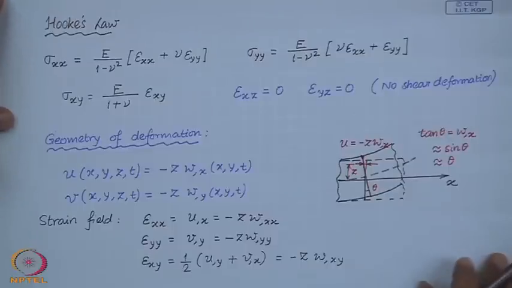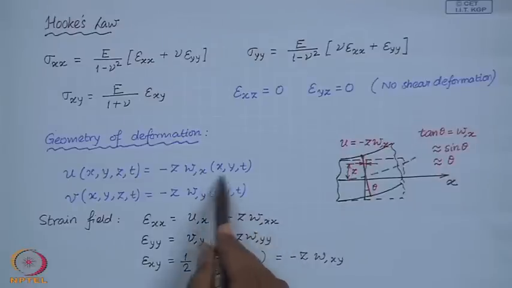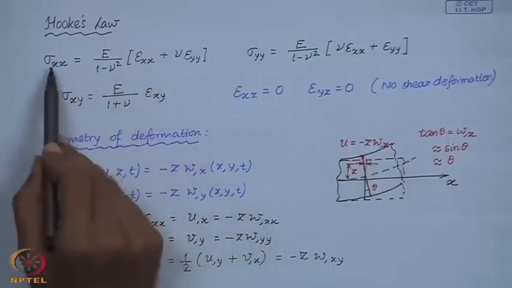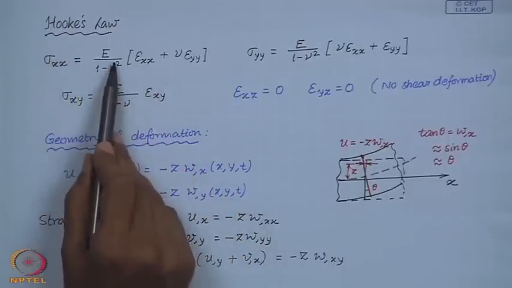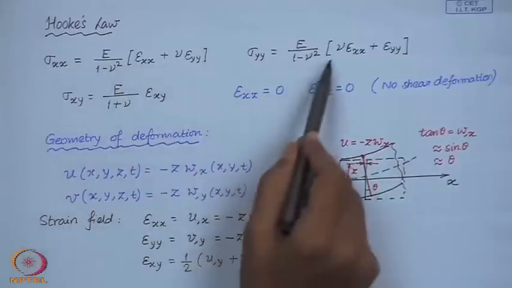So, that is the strain field. Now, these strains are linear in z, since w is independent of z. So, epsilon x x and epsilon y y are linear in z. Therefore, sigma x x is also linear in z, as you can see from these expressions.